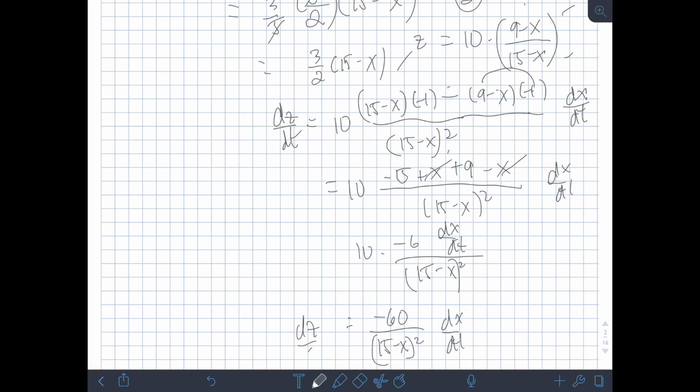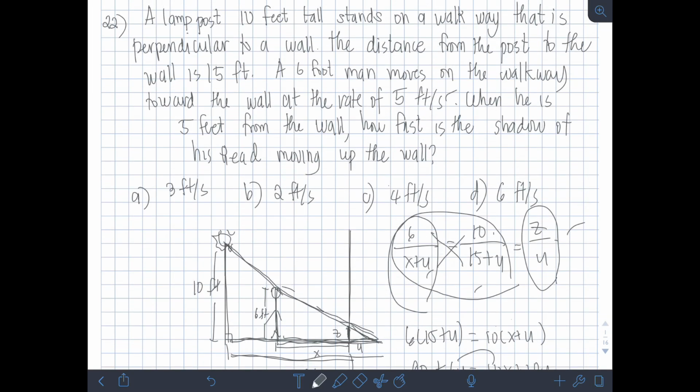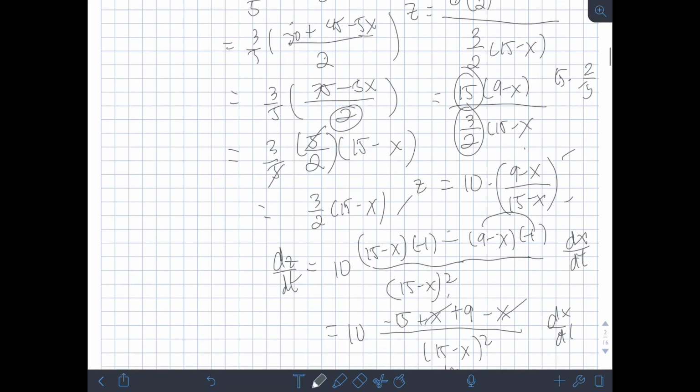So, ito yung hahanapin natin, dz over dt. So, meron tayong rate ng dx over dt, right? Ano yun? 5 feet per second. Tapos, meron din tayong pinapahanap na distance x, which is 5. So, substitute natin ngayon dito.